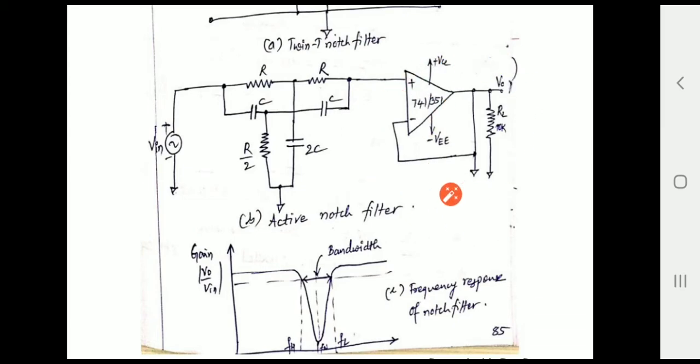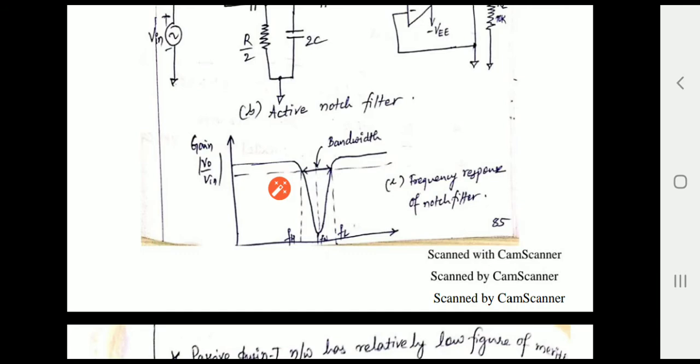So when the input is applied, the value of the resistors and capacitors of this network is selected in such a way that only the selected frequency component is rejected. That is taken care of by this T network, which is shown here. Initially it acts as a low pass filter until the cutoff frequency FH is reached.